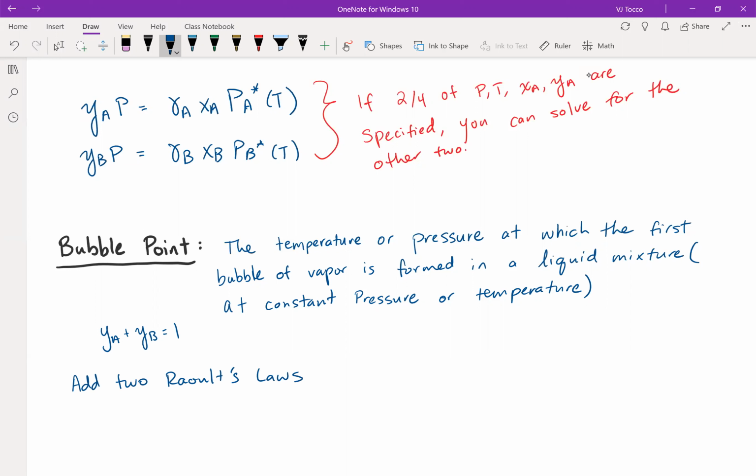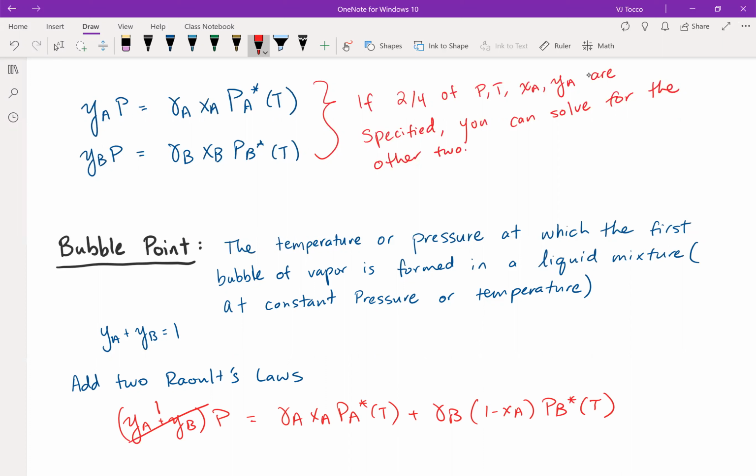On the left-hand side, I've got ya plus yb times P, so the P can get factored out, and I'm left with ya plus yb times P, and I've already said that this is equal to 1, so I've got P is equal to gamma a xa pa star of T plus gamma b xb, and I can rewrite xb to simplify as 1 minus xa, pb star of T.